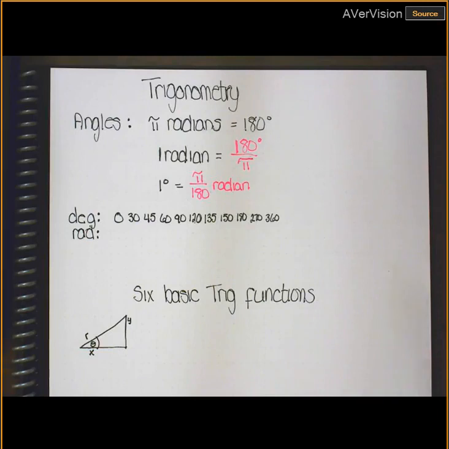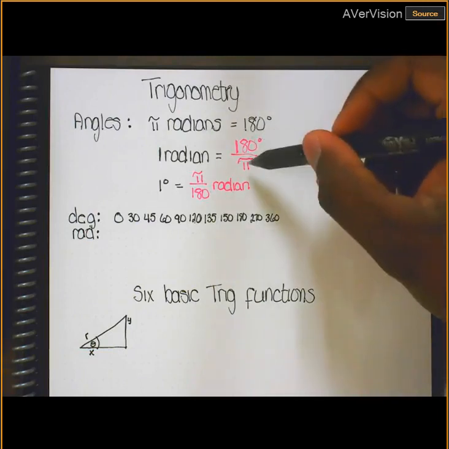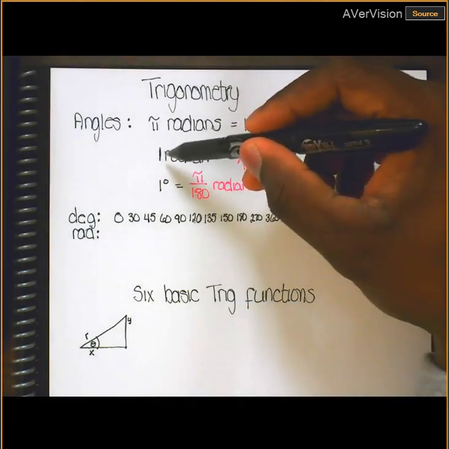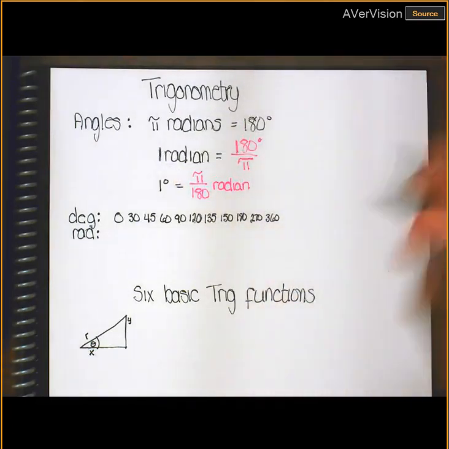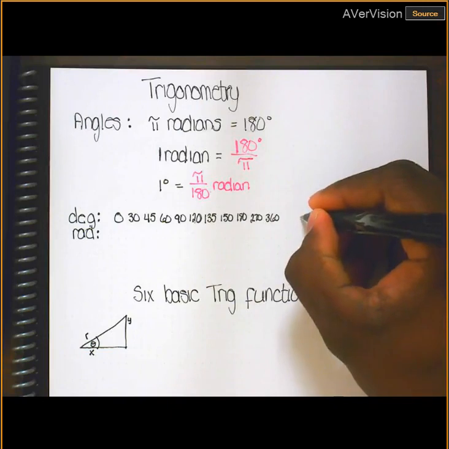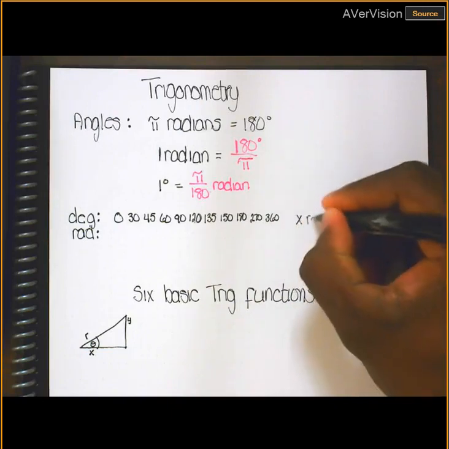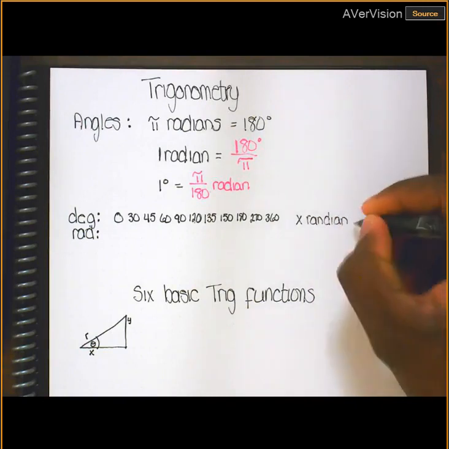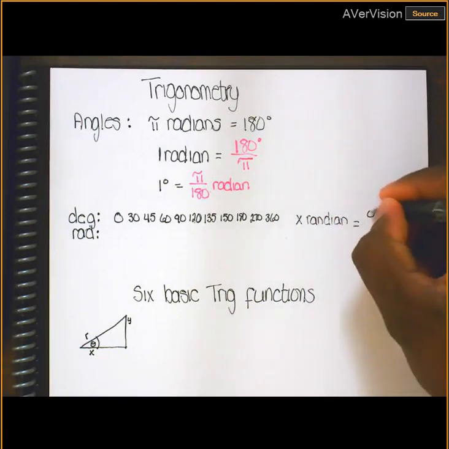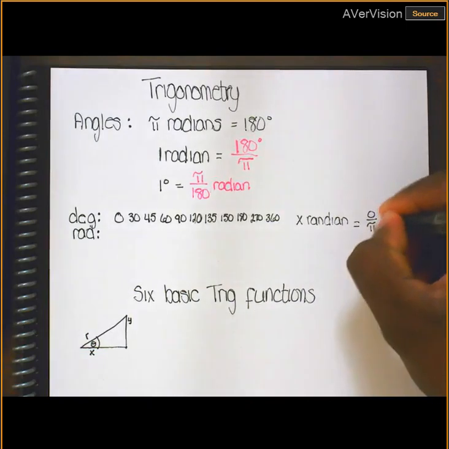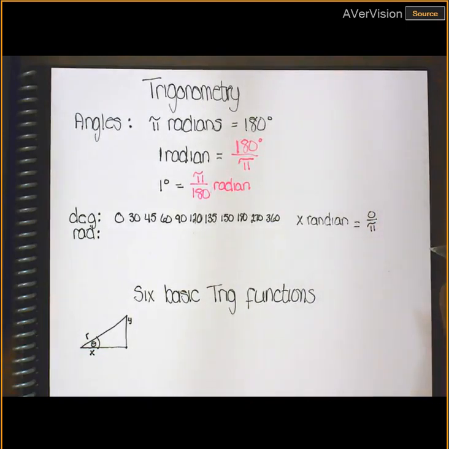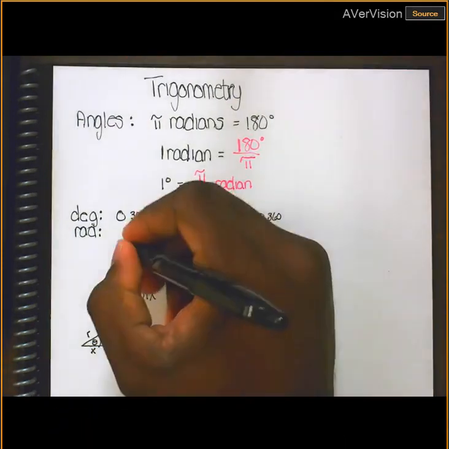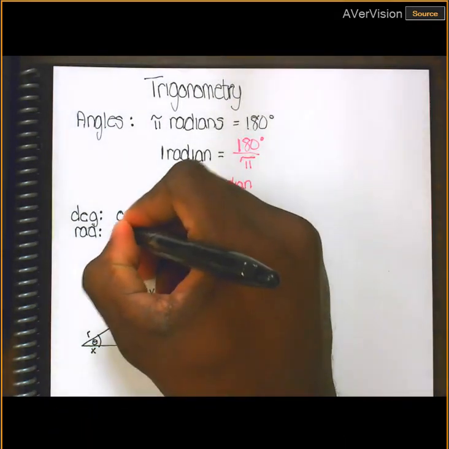So we know that 180 degrees divided by pi is equal to 1 radian, right? So we're trying to figure out how many radians we get from 0 degrees. For 0 degrees, we have 0 radians.